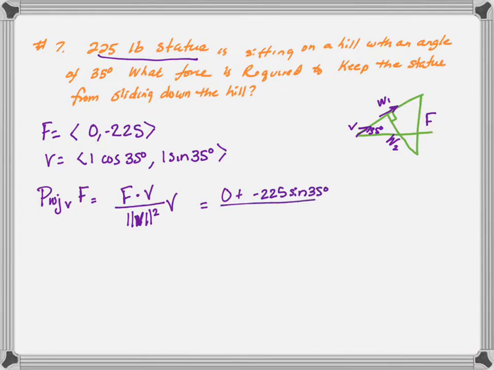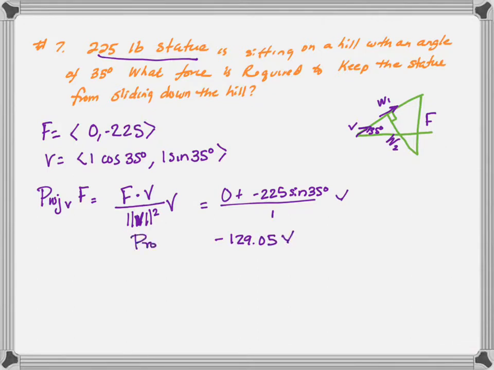And remember, that's over 1 times V, which is the unit vector. So all we have to do is figure out what -225 sine of 35 degrees is. And I get -129.05, and that would be times V.